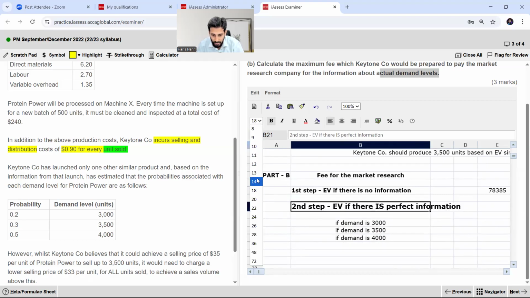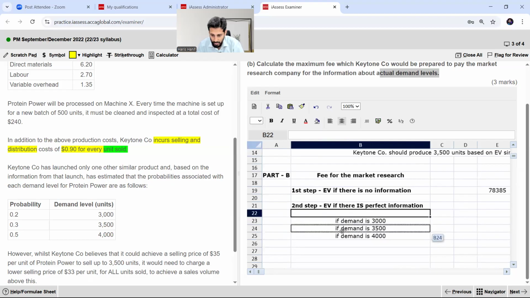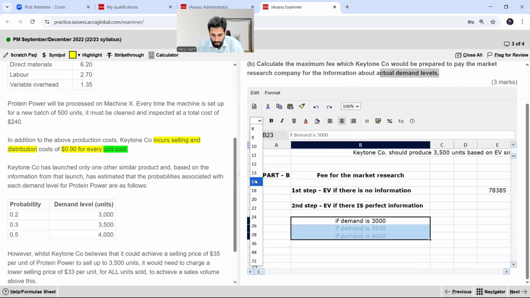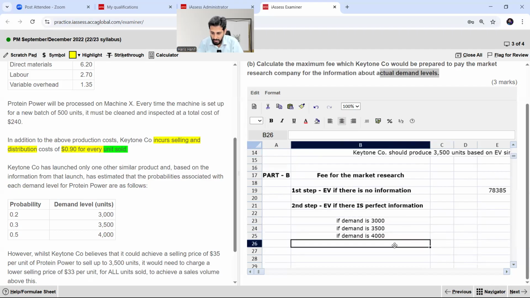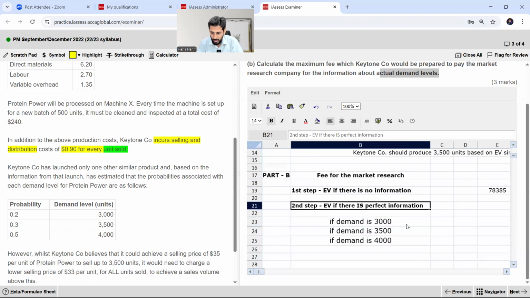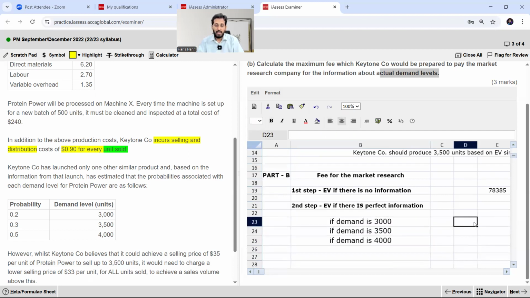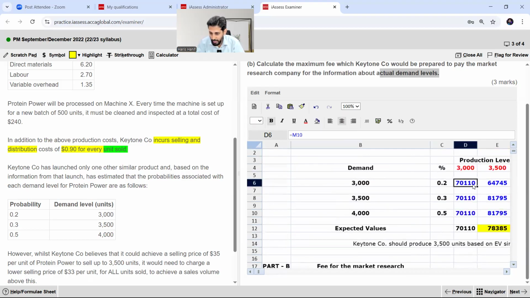Not 18, it should be 14. So all these should be 14. Okay, now see that if the demand is 3000, let me adjust the font size.